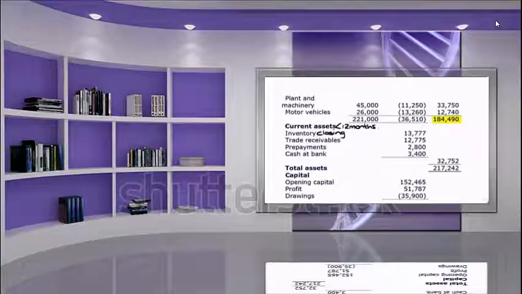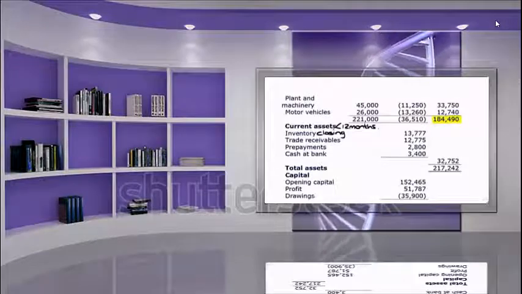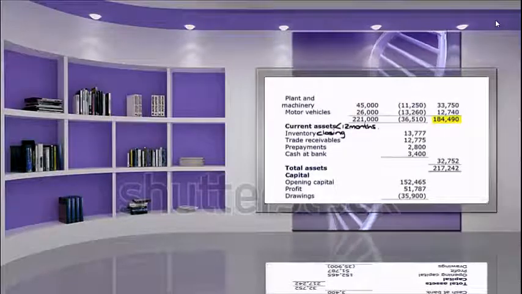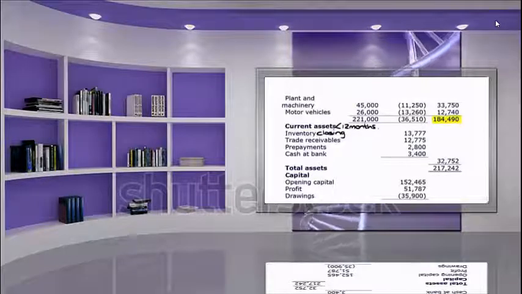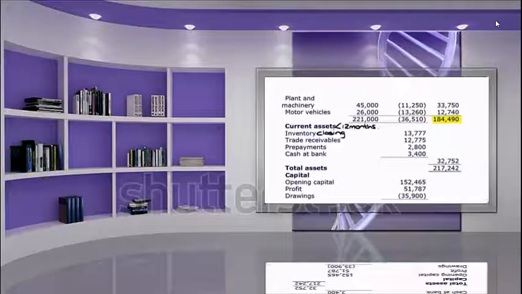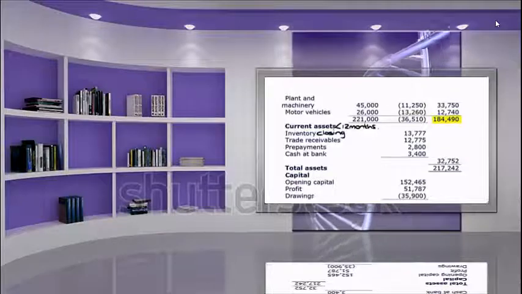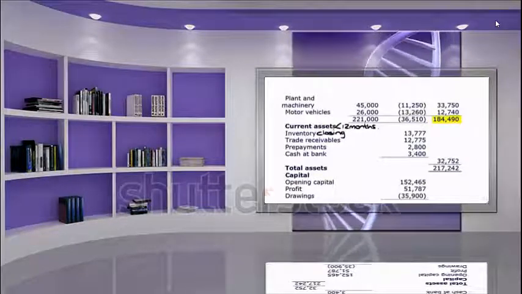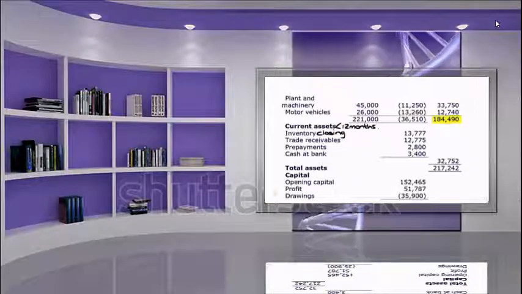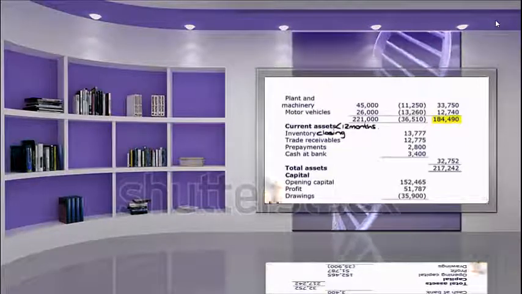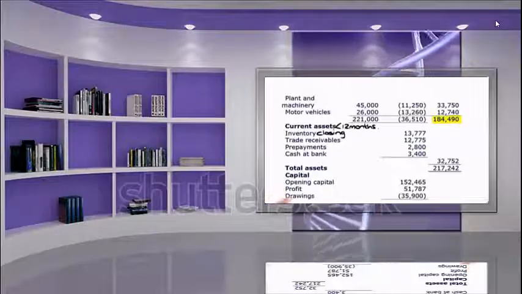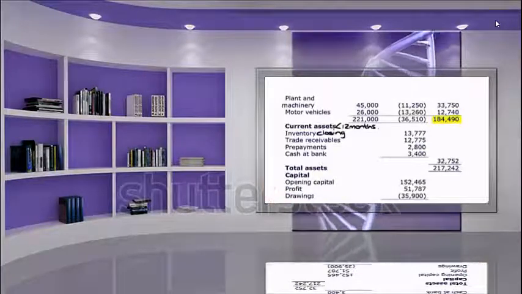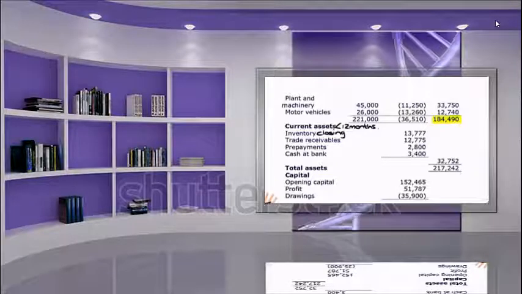Our next item is trade receivables. Now, trade receivables are people who owe the business money. So, if I sell goods on credit and I sell it to a customer and I say to the customer, don't pay me now, pay me in 30 days, well, essentially that customer is a receivable.